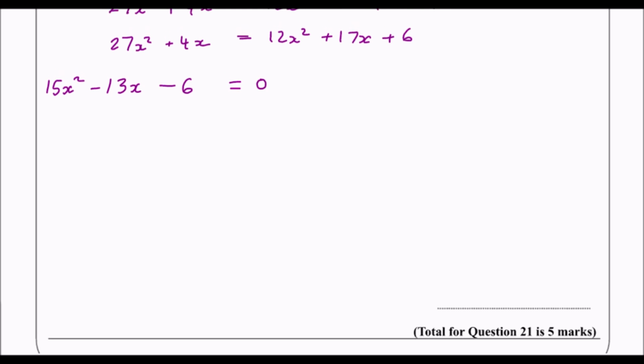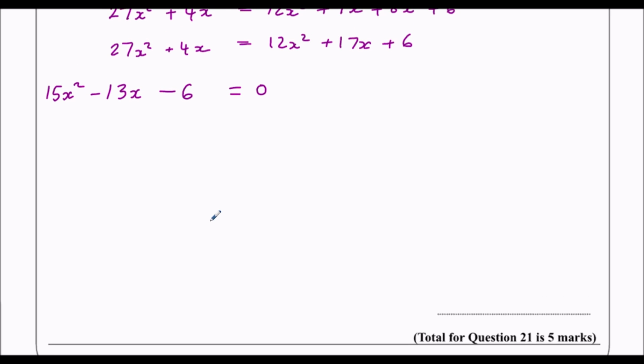I could try and factorize, or use the quadratic formula. Either one would be absolutely fine. So if we're using the quadratic formula, a is 15, b is negative 13, c is negative 6. Just trying to figure out if it factorizes.